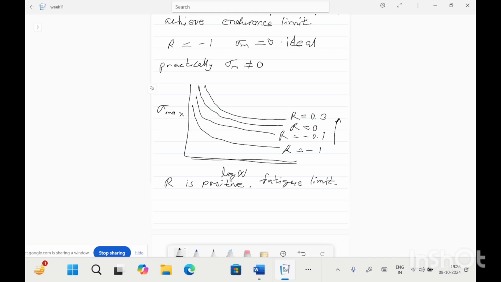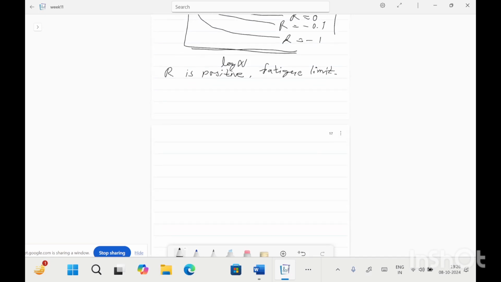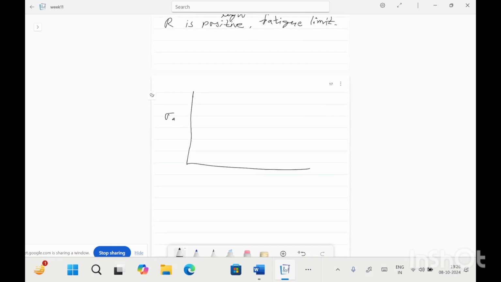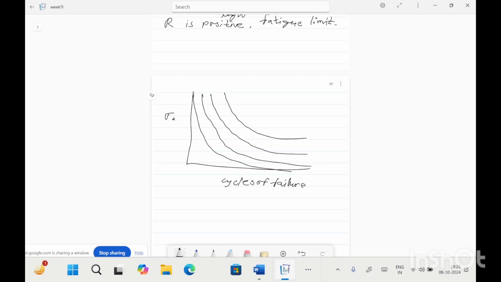For the second condition, sigma max is plotted on this axis and sigma a, the alternating stress, is plotted versus the cycles to failure. The curve will follow differently for different mean stresses.